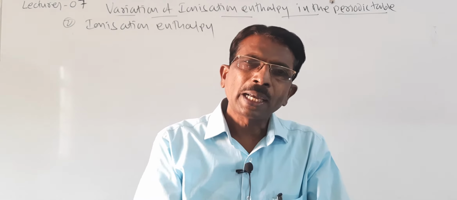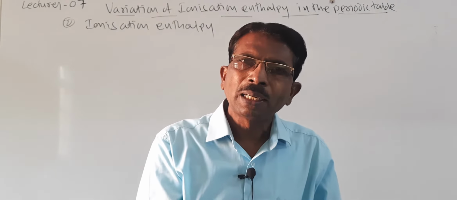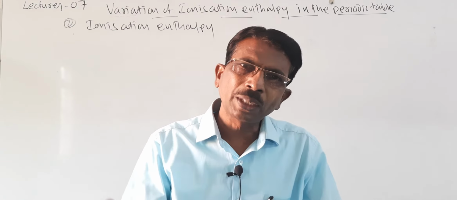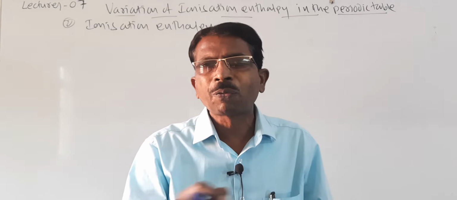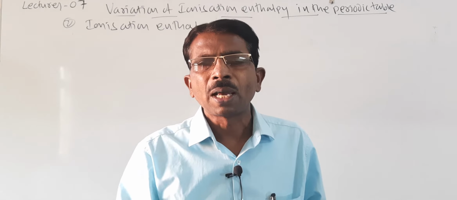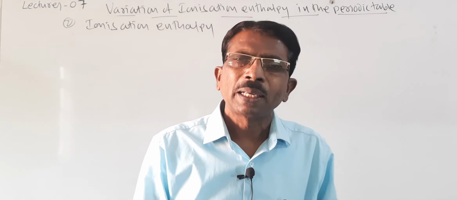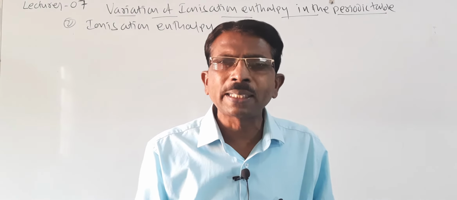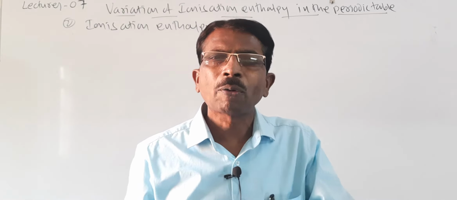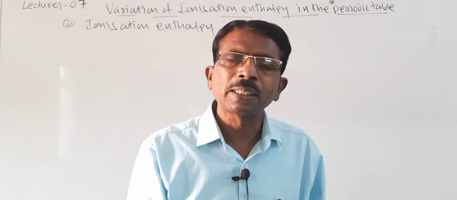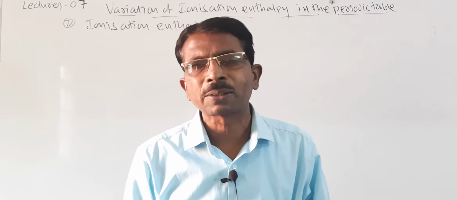The electrons are added to the same shell, but the effective nuclear charge increases. As the effective nuclear charge increases, the attraction between the electron and the nucleus is more, so it is not easy to remove the electron. It requires more energy. Hence ionization enthalpy increases. The only reason is that the effective nuclear charge increases.